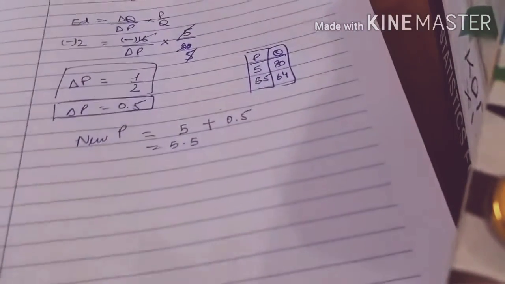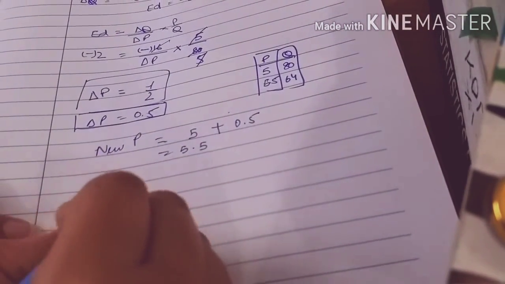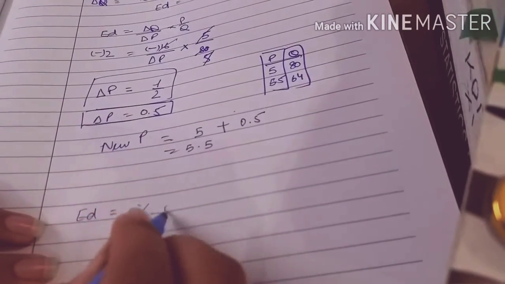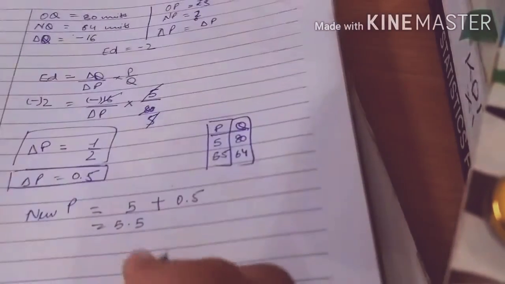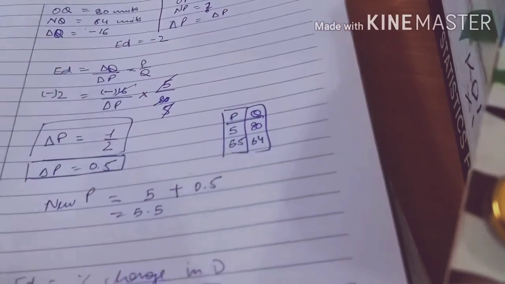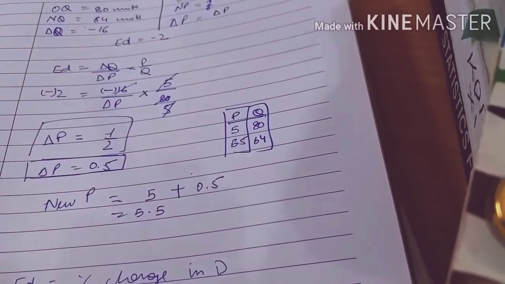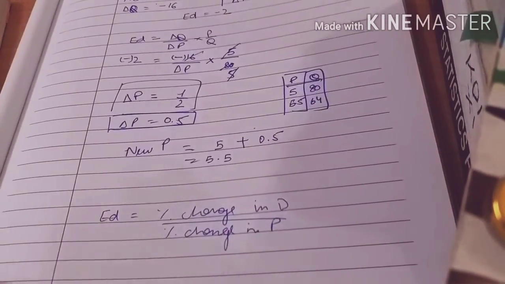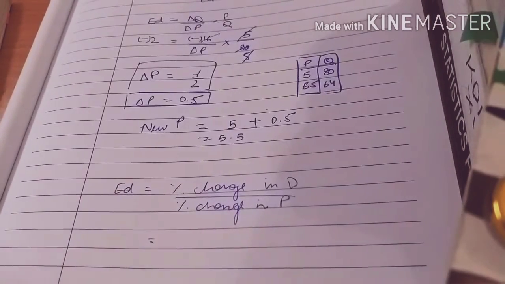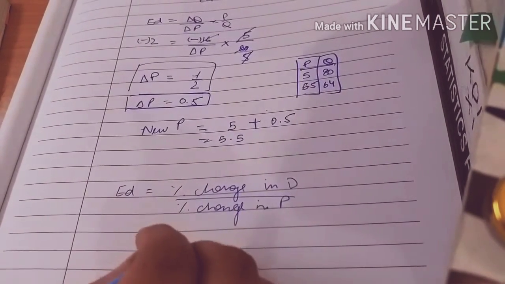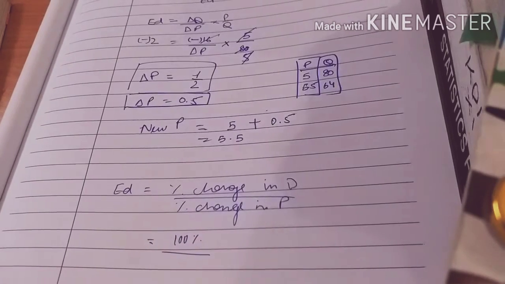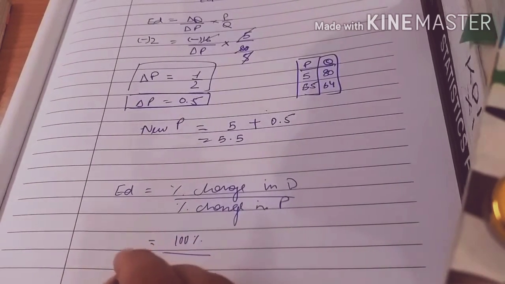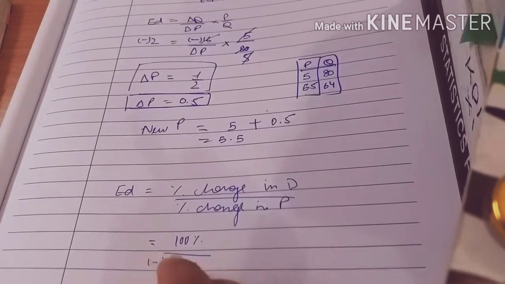I hope you remember the formula, the percentage method. ED is percentage change in demand upon percentage change in price. So we have to find ED. We are given percentage change in demand, that is 100%, and percentage change in price, that is minus 80%.